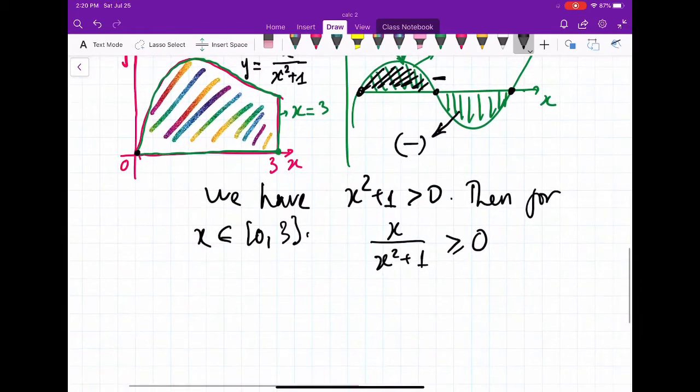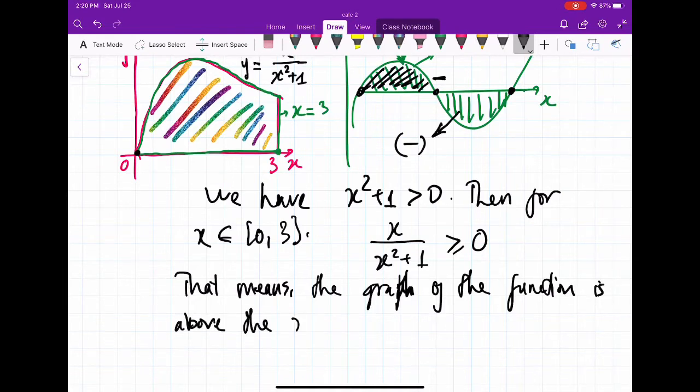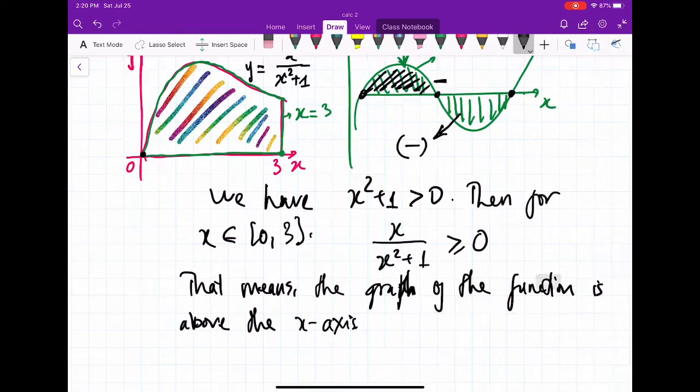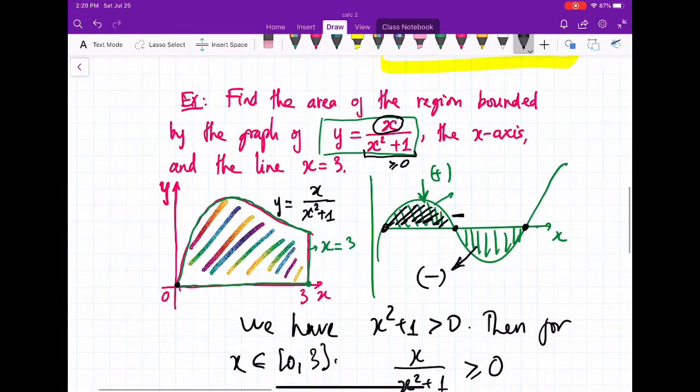Okay, that means the graph of the function is above the x-axis, which is good because we know for such a graph, in order to evaluate the area of the region, we just need to evaluate the definite integral.